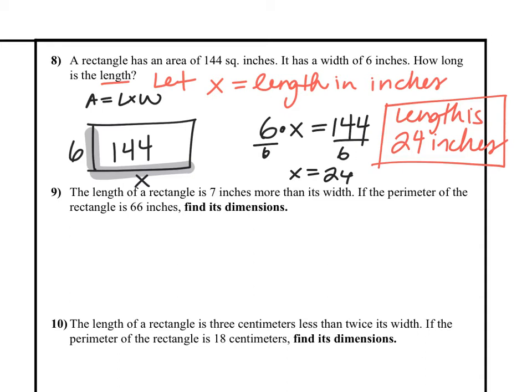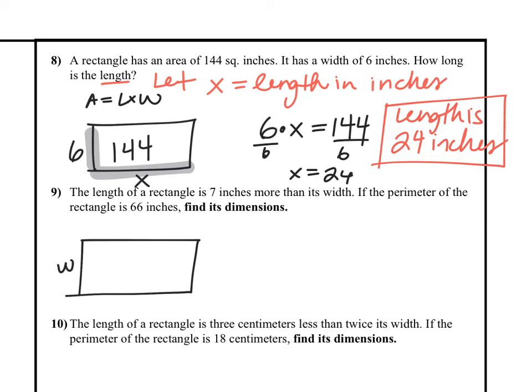Number 9. You have another rectangle problem. I want you to find the dimensions. Okay, let's label this first. The length of the rectangle is 7 inches more than its width.